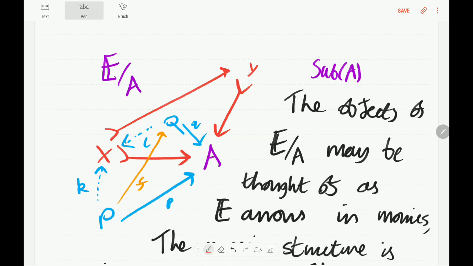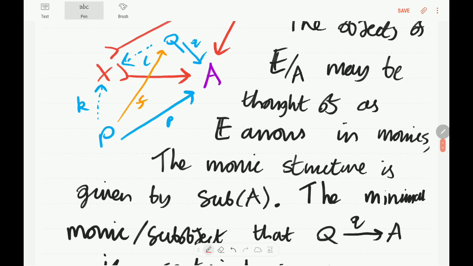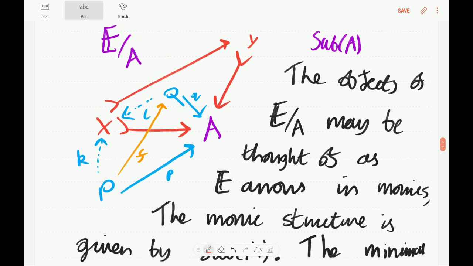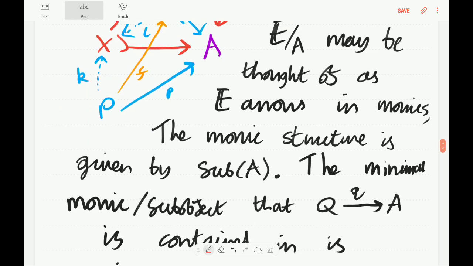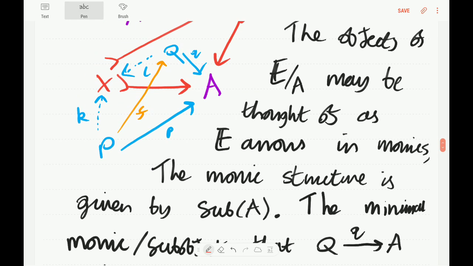So when you think of those as specially highlighted objects in this slice category, what kind of roles do these monic objects play?